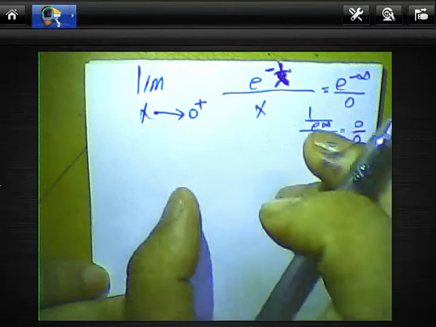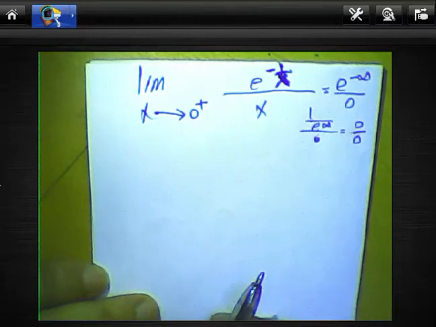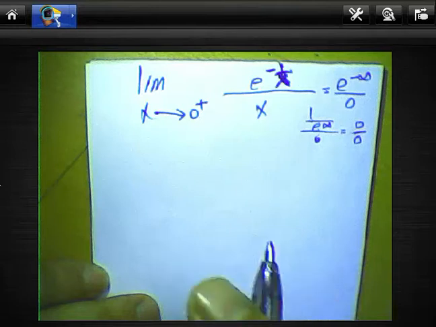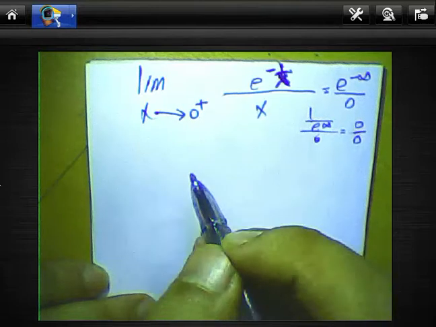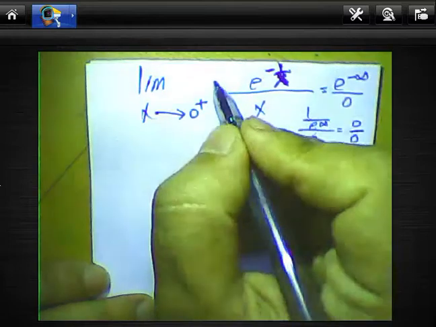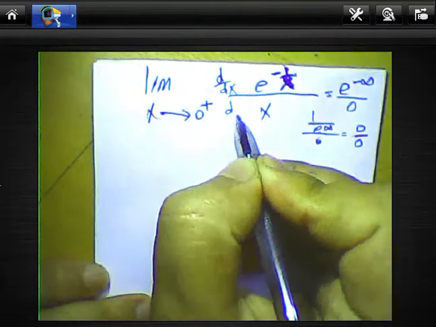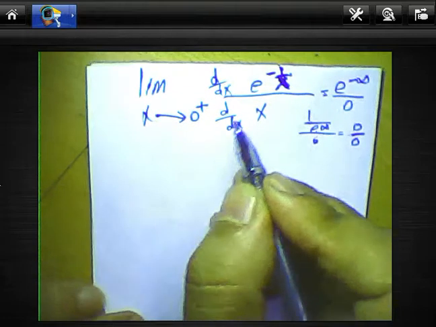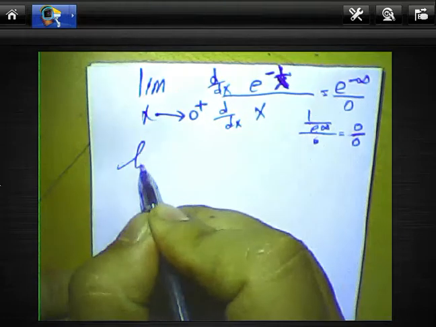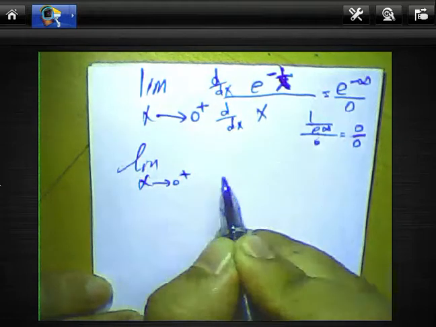Look here. I will solve it, but we will stop at the end and then complete it. I will solve it in a way that uses the properties you need to know. We must take the derivative of x in the denominator and the derivative of the numerator. We can write the limit as x approaches 0 plus.